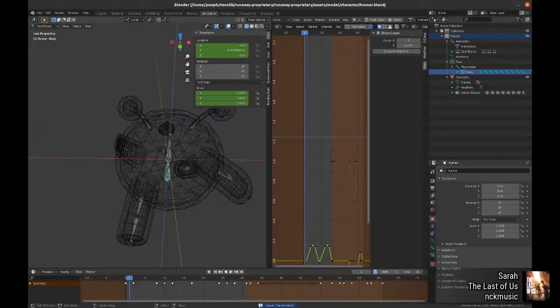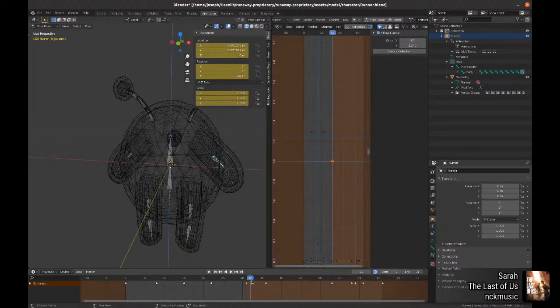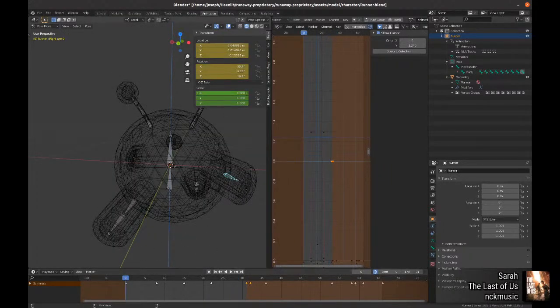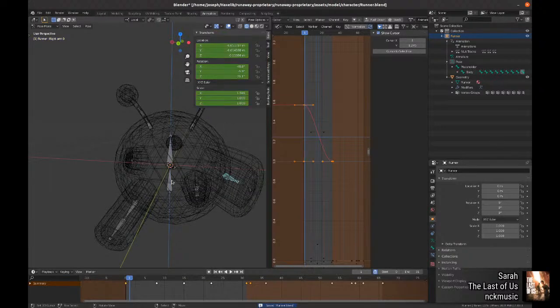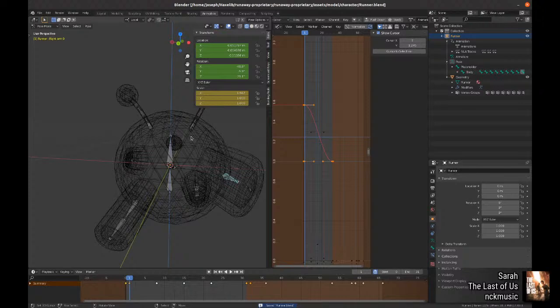I want to find, let's say, an arm. So I'm going to put in a value of 1.567. There. And now when I export, it should be exact.